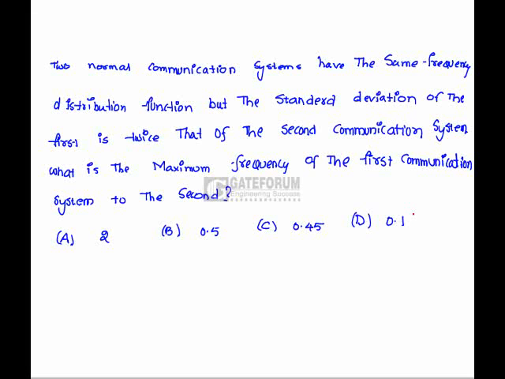Two normal communication systems have the same frequency distribution function, but the standard deviation of the first is twice that of the second communication system. What is the ratio of the maximum frequency of the first communication system to the second? Here the frequency distribution function f is given as 1 by (sigma root 2 pi) e power minus (x minus mu) whole square by 2 sigma square.